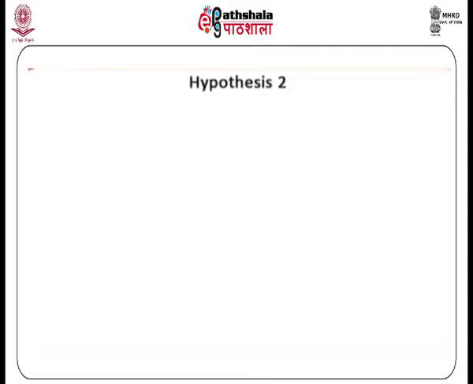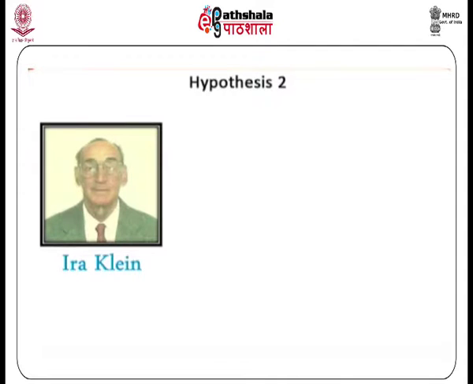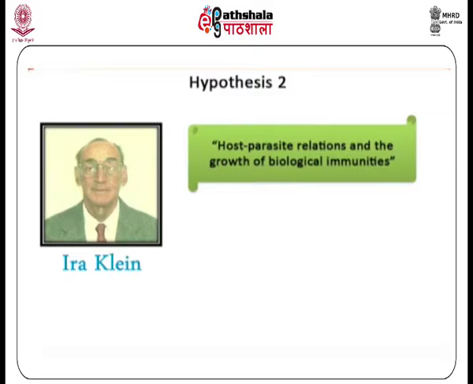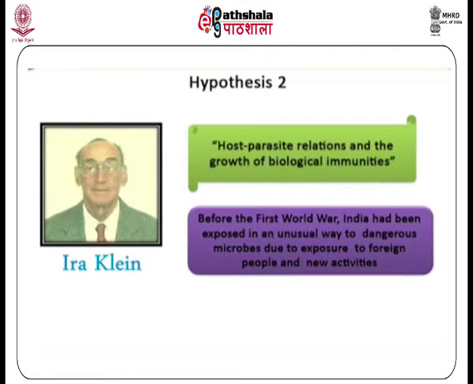Hypothesis number 2. Ira Klein offered an explanation of her own, which was in terms of host-parasite relations and the growth of biological immunities. She argues that before the First World War, India had been exposed in an unusual way to dangerous microbes due to exposure to foreign people and new activities.